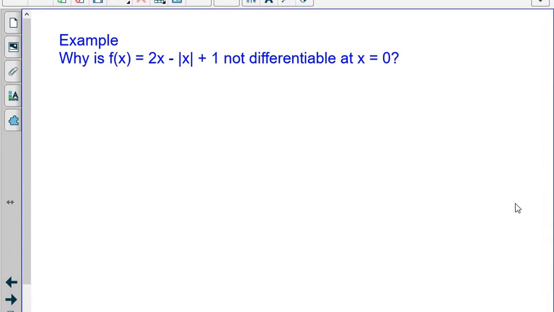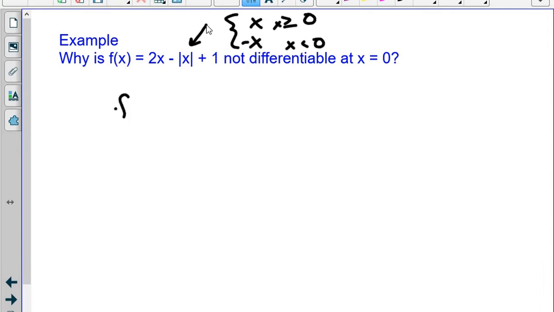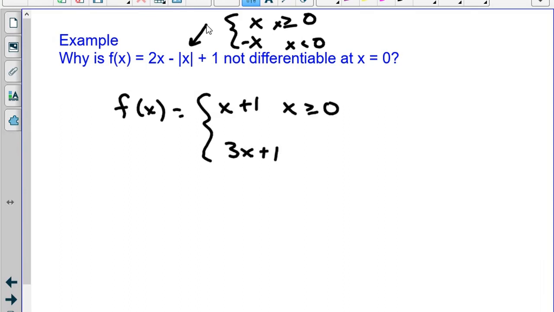So why is this function not differentiable at x equals 0? If we remember that the definition of absolute value of x is x when x is greater than or equal to 0, and negative x when x is less than 0, then what we have is a piecewise function where the function is x plus 1 when x is greater than or equal to 0, and 3x plus 1 when x is less than 0.